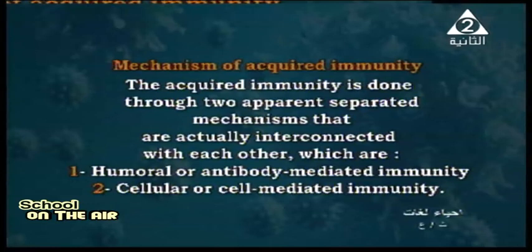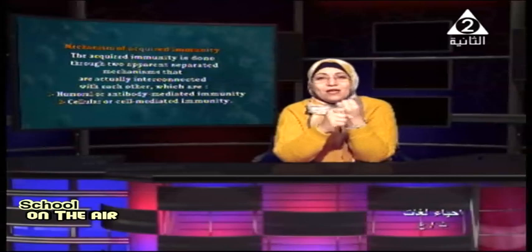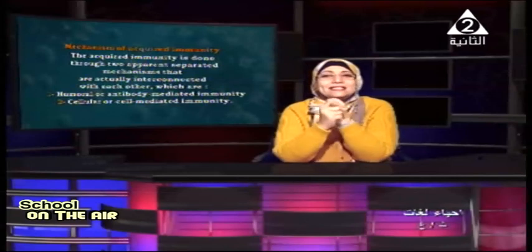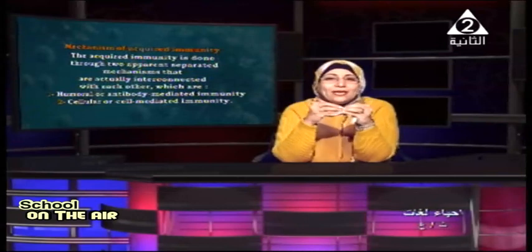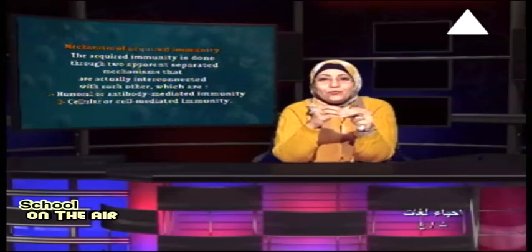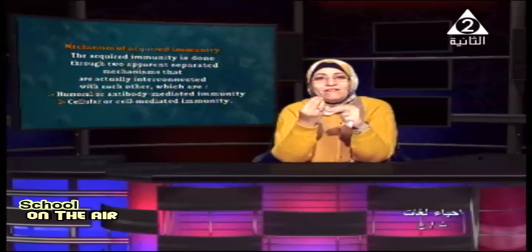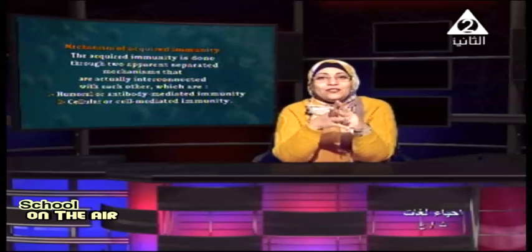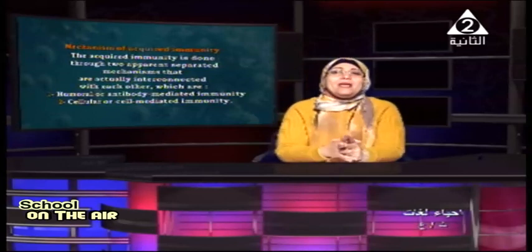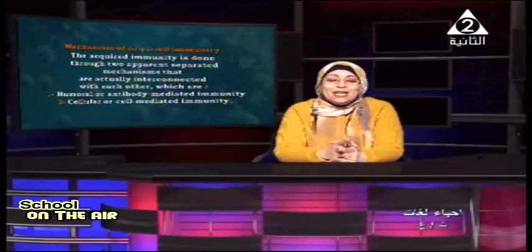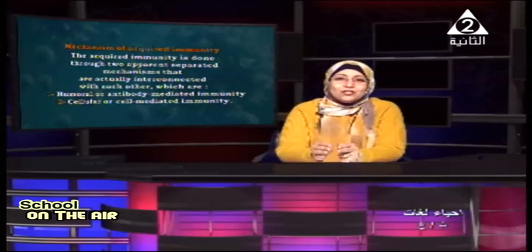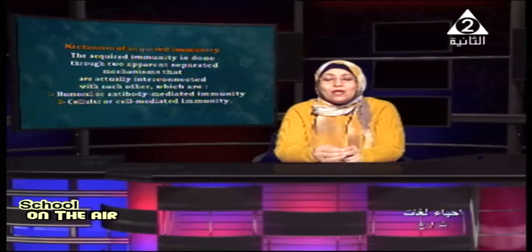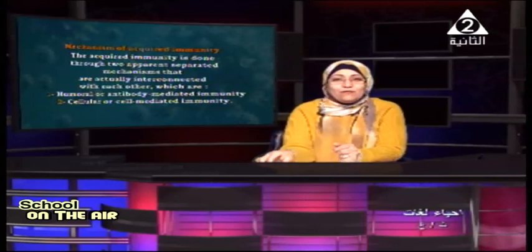These two types cooperate together to overcome infection by many diseases. You must know that humoral immunity plays an important role in overcoming this, and the action of cellular immunity helps remove the pathogen from the body.